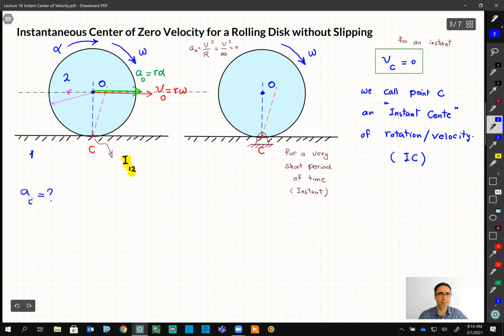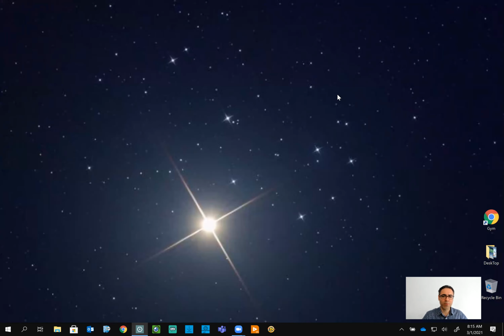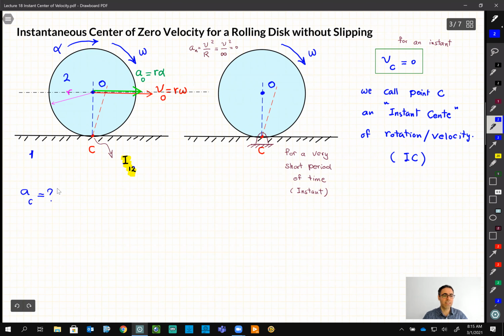It's a $64 question. Many students and many engineers give a wrong answer. I give you just a hint. Zero as well? Okay, what about others? Do you think point C has an acceleration of 0?